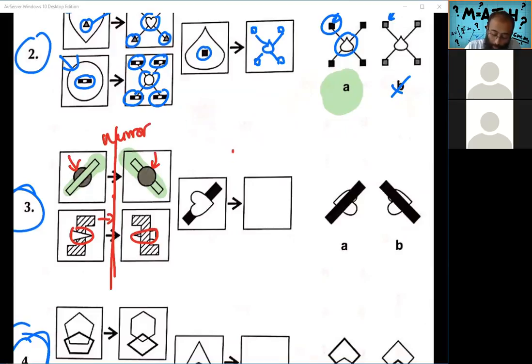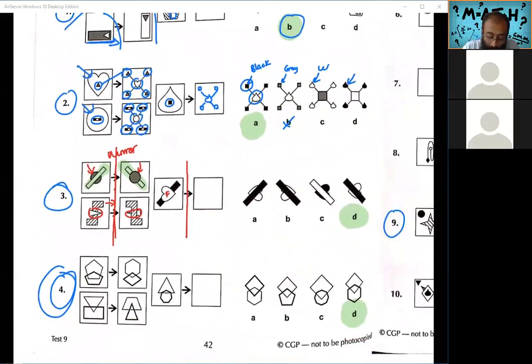For this one, you're going to put a mirror here as well. Now the heart is on the front. You need to get the heart to the back, and the heart is flipped over as well. A totally solid black bar going this way is the wrong direction and the wrong color.